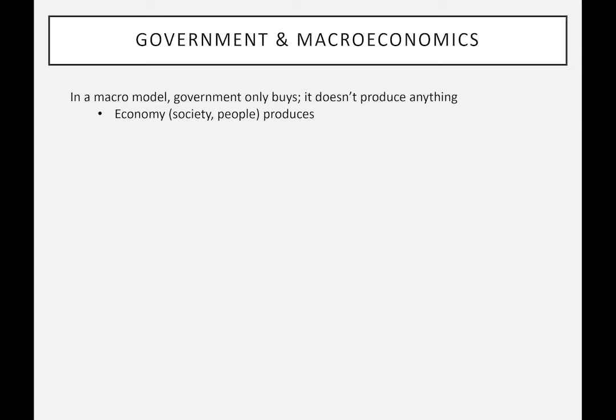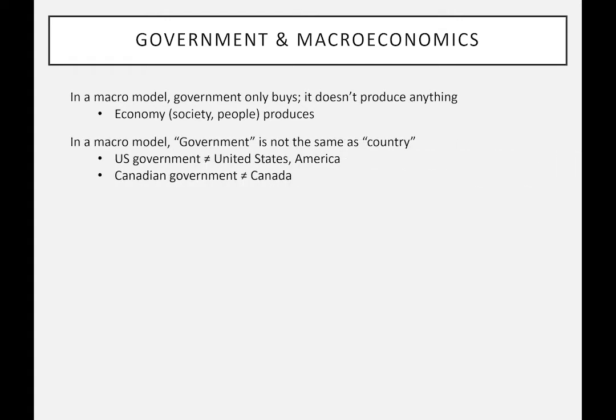It's the economy, meaning society, people, the various resources, natural resources or labor, physical capital, physical resources we have, buildings, roads, and so on, that produce, that lead to aggregate supply. So the role that government plays in a macroeconomic model is simply to buy, and it's the letter G. Of course, it has to pay for these purchases through things like taxes, and it has macroeconomic policy. But the important point: government doesn't produce anything.